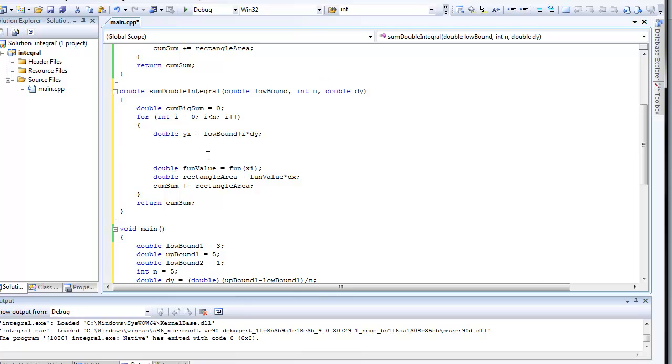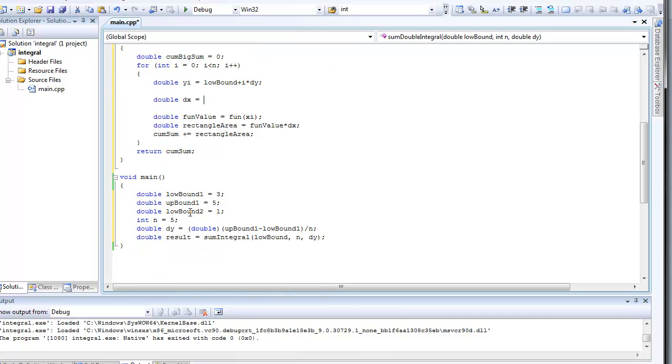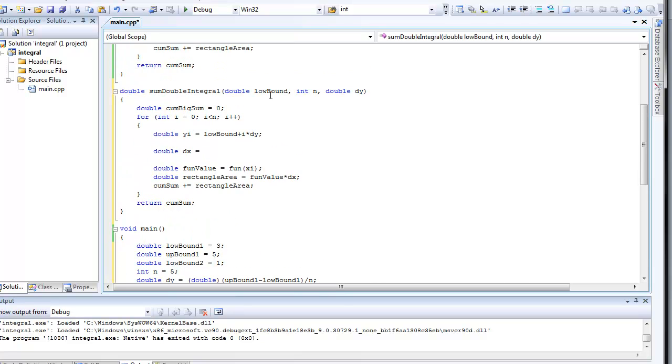So let's type double dx, and we know that the upper bound is actually this, and the lower bound is given by definition. We just need to pass some more parameters. So low bound 1, low bound 2, and let's see if it suffices or we need to pass some more parameters.